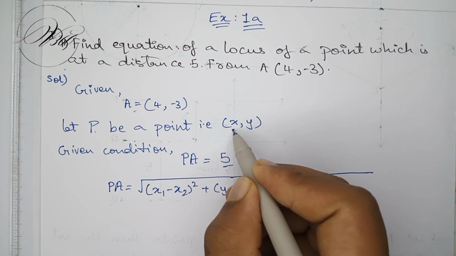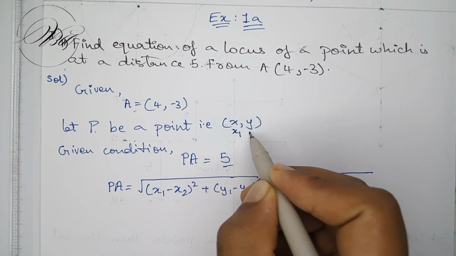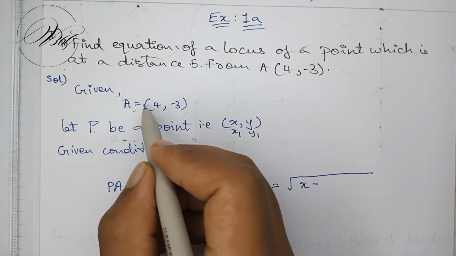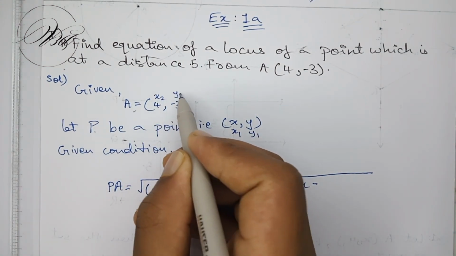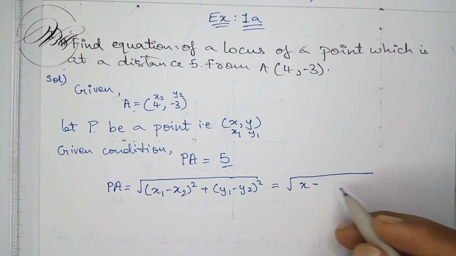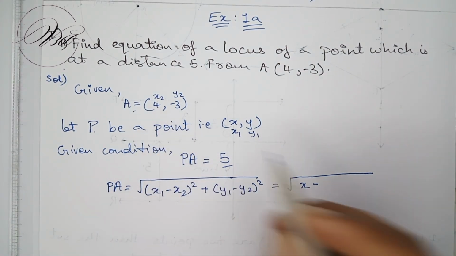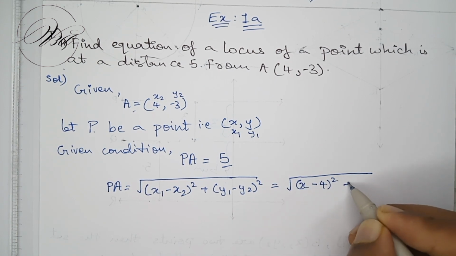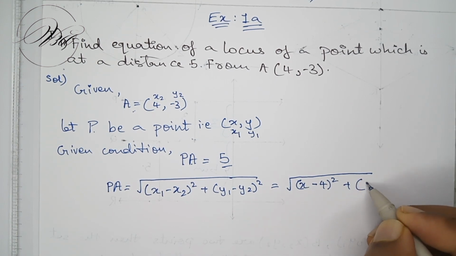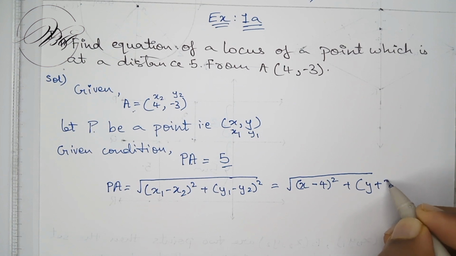Here in the point P, x is x1 and y is y1, and here in point A, 4 is x2 and minus 3 is y2, right? Now we get (x minus 4) whole square, plus y minus of minus 3, that is y plus 3, whole square.